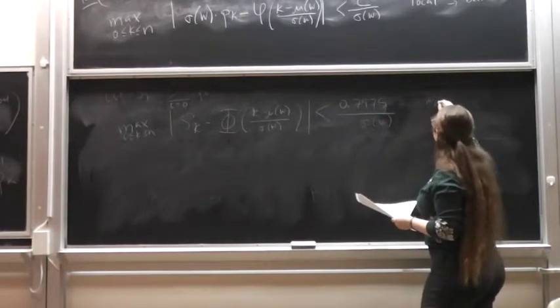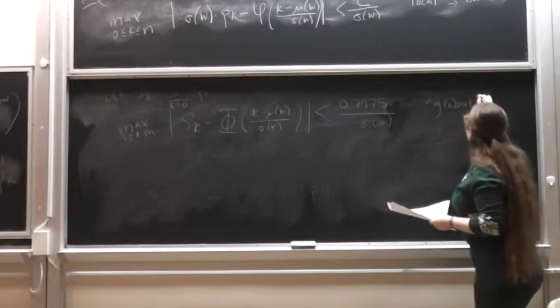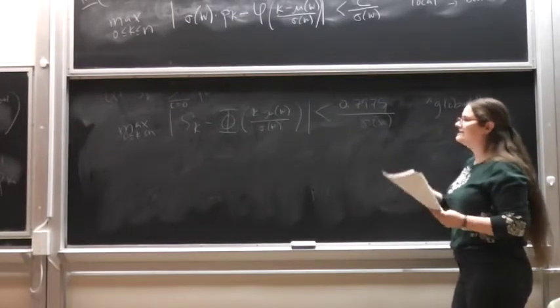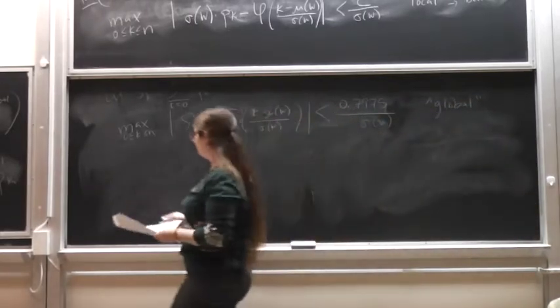So this is our sort of global approximation of normality.